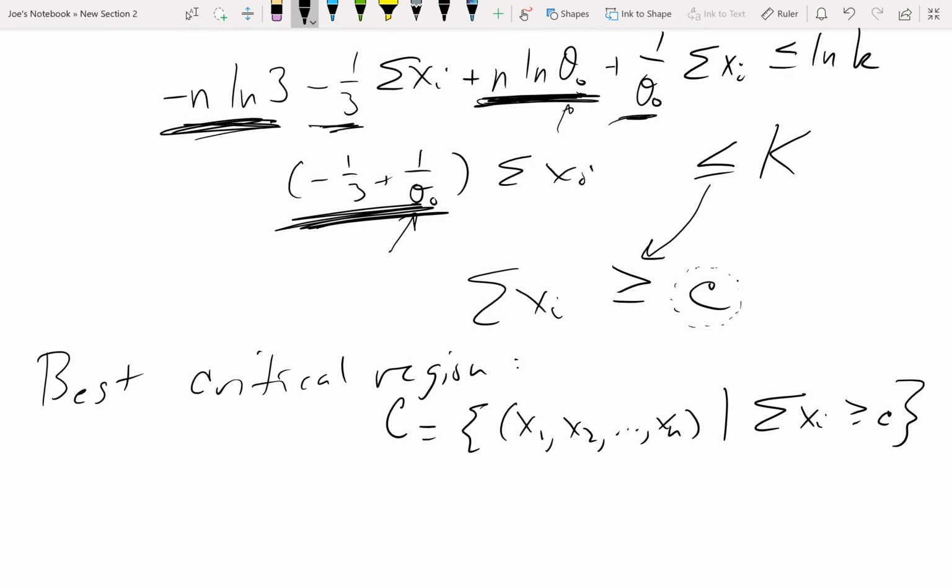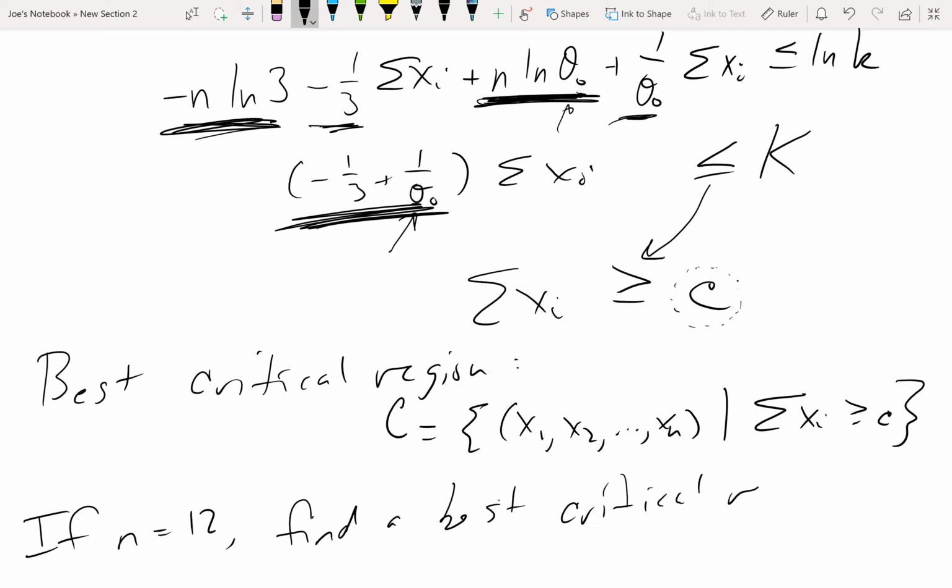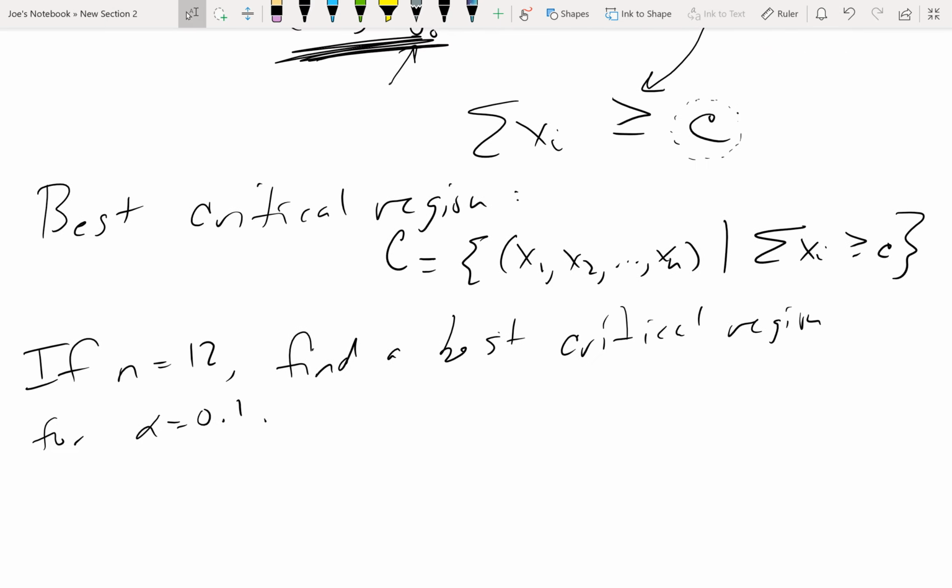But what I want to do now is part B, this was part A of the problem. Part B says, if n is 12, find a best critical region if alpha is equal to 0.1. And they give you a hint.